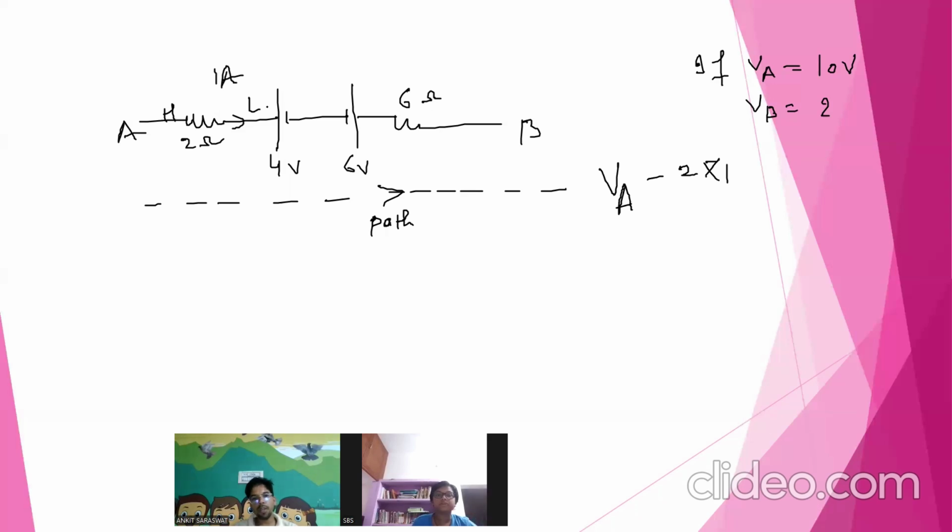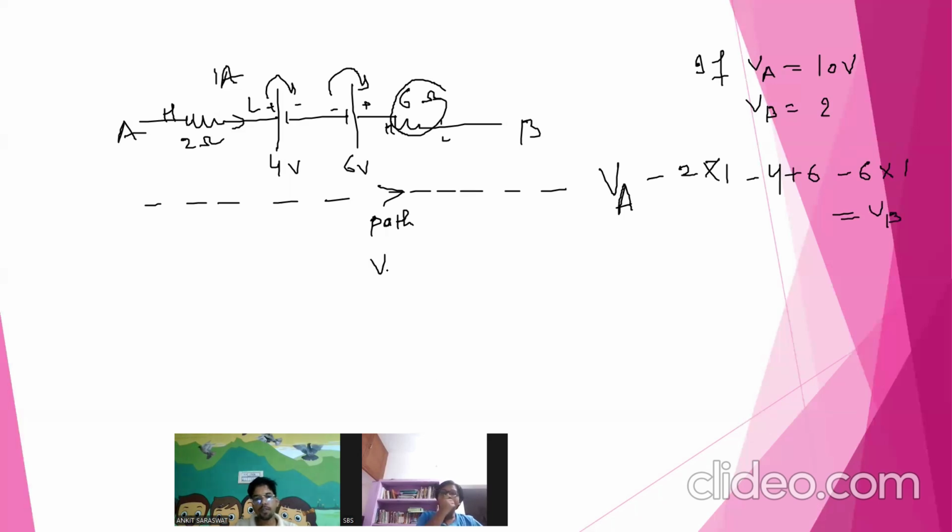Now you are crossing this battery from positive to negative, so minus 4. Now you are crossing this battery from negative to positive, plus 6. Now you are crossing this 6 ohm from high potential to low potential, so minus I into R, I is 1.